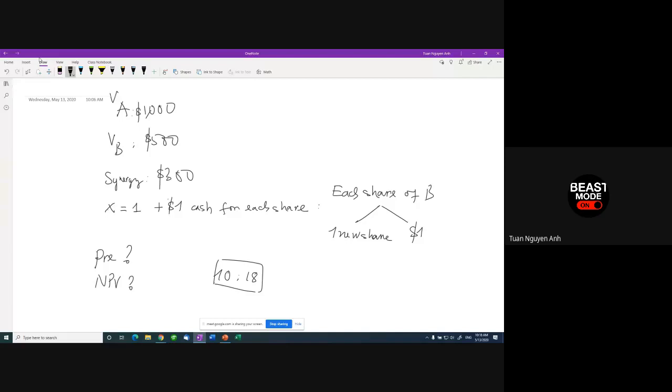Okay, let me do this for you, because this is a simple level in the M&A topic. I think in the exam, every year we have this kind of problem in the final exam, but the percentage of doing it right is at a very low level.